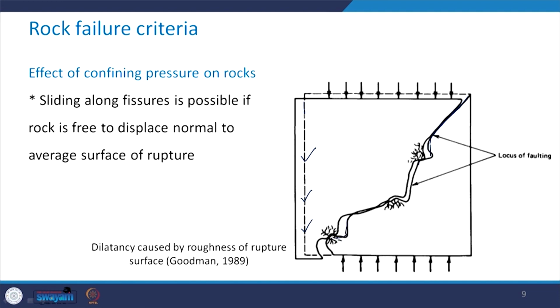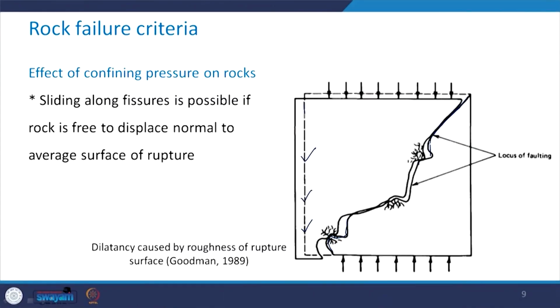This is the average surface of rupture. So, sliding will be possible only when this rock is free to displace normal to this plane. You can see here that some branches have been shown like this. These are typically showing the cracks which are taking place in the direction normal to the average surface of rupture.